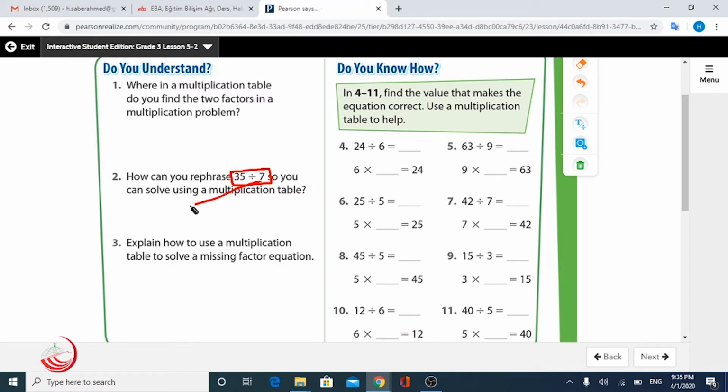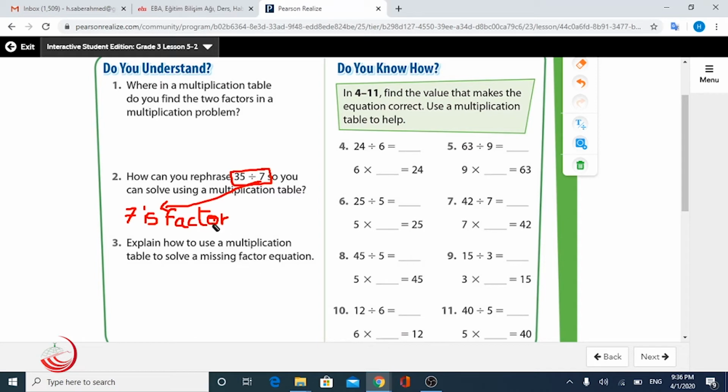The 7 is the first factor. It's very hard to write with this. I cannot write first, so I will write just factor to be quicker. So 7 is the first factor.